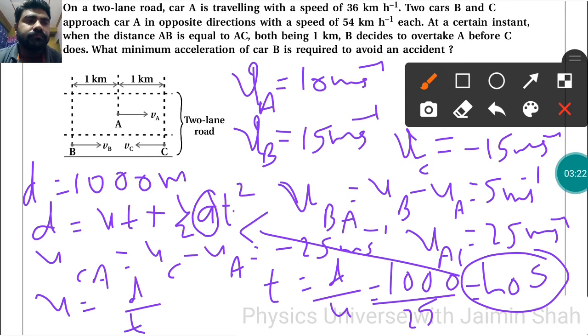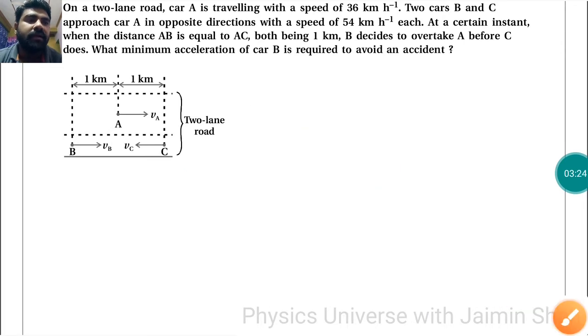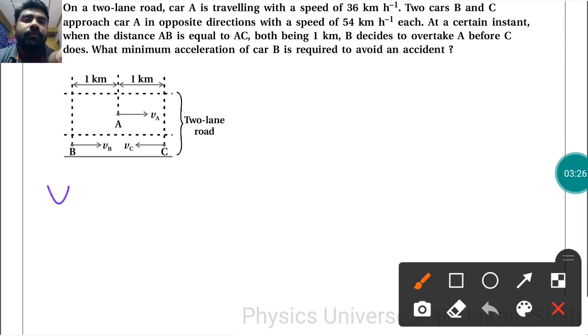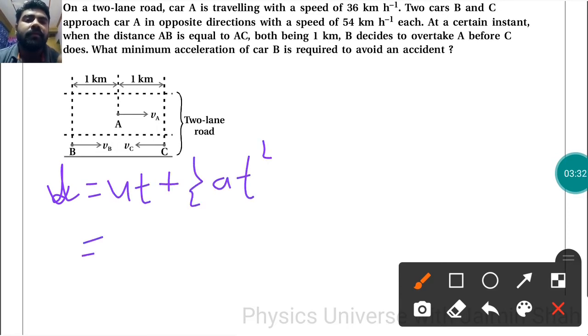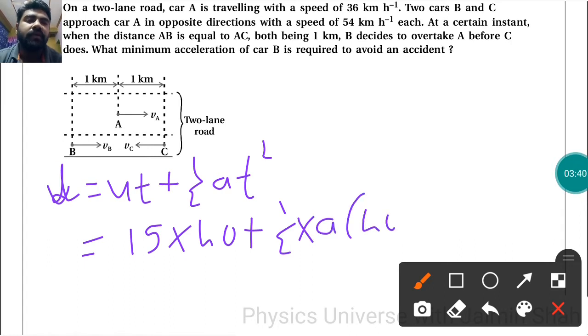So here again I am writing D is equal to UT plus half AT square. Now what is U? U is 15, 15 into 40 plus 1 by 2 into A that we need to find, and 40 square.